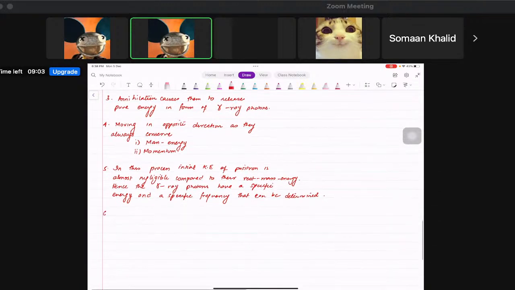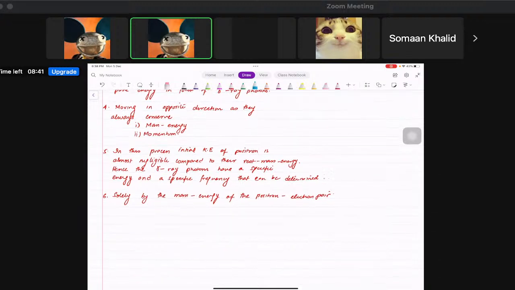Now that is determined solely by the mass energy of the positron and electron pair. And you know from quantum physics that the energy of a photon is given by E equals hf.